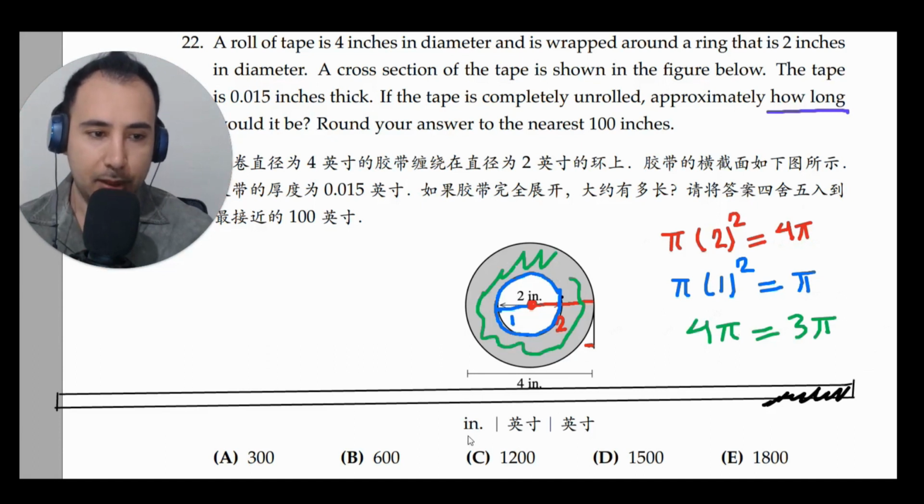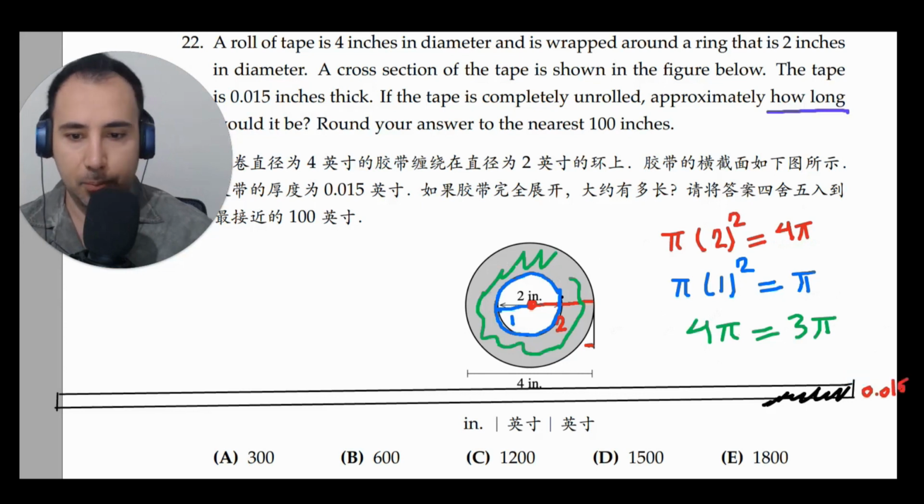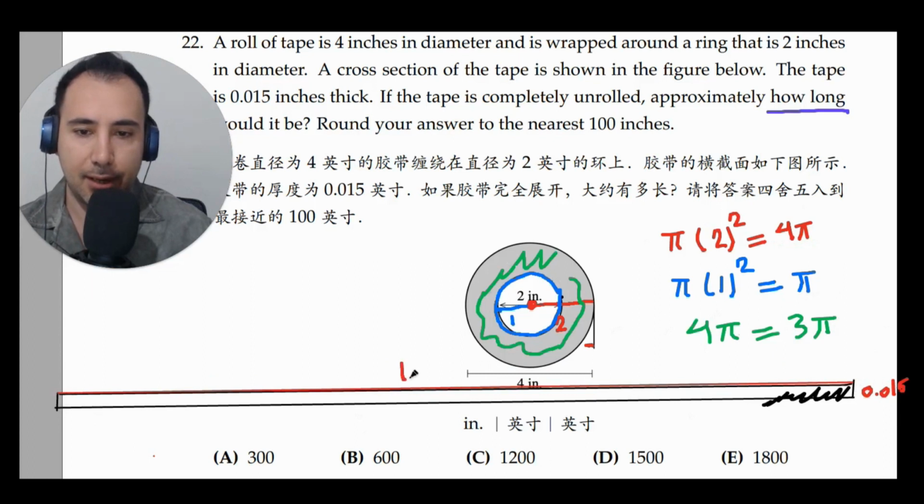So we know that the thickness here is 0.015 multiplied by this big length. I'm going to call this L. So L multiplied by 0.015 is going to be equal to 3 pi.